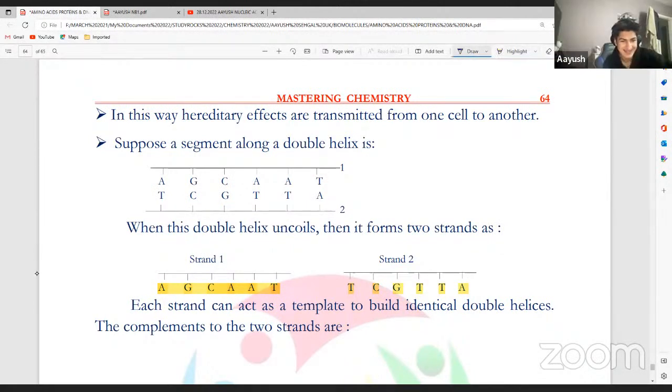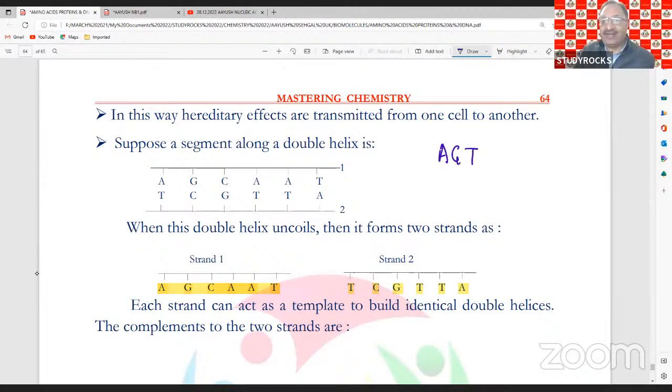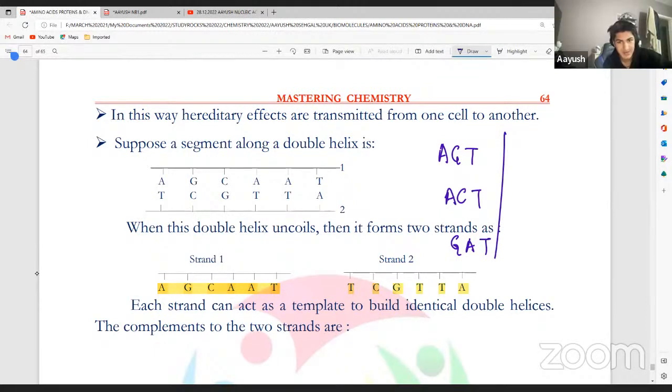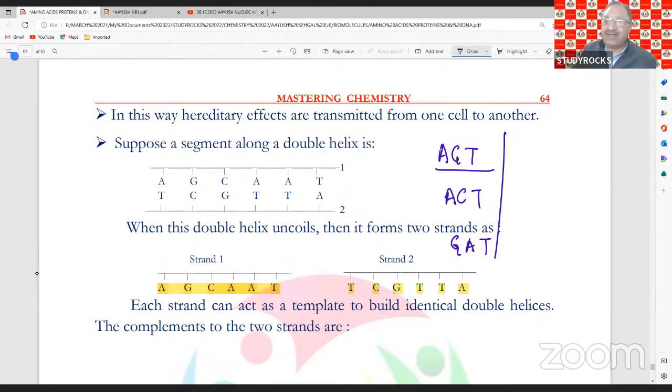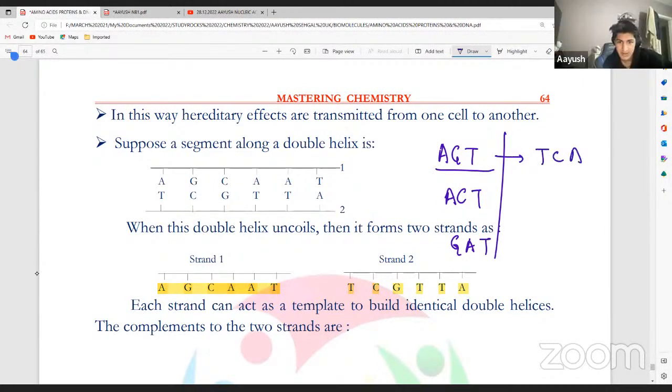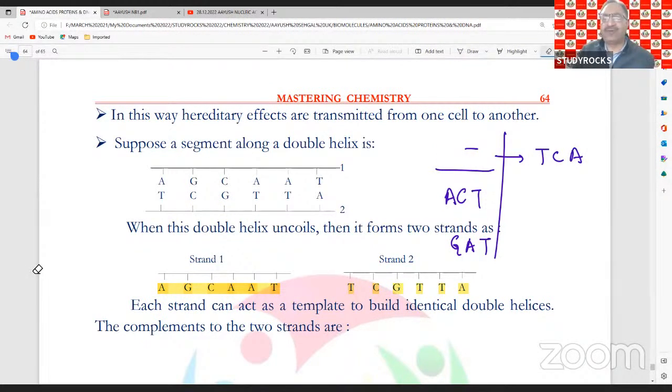That's a simple thing. If it comes like this, AGT, ACT, GAT, write the corresponding base sequence. What will it be? TCA. AGT would be equal to TCA. Such a simple thing. We should not spend more time on it.